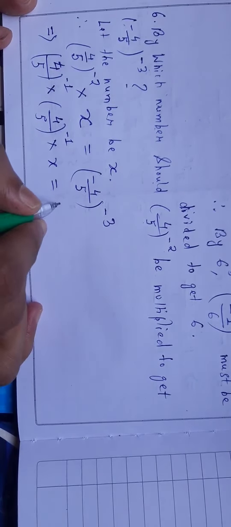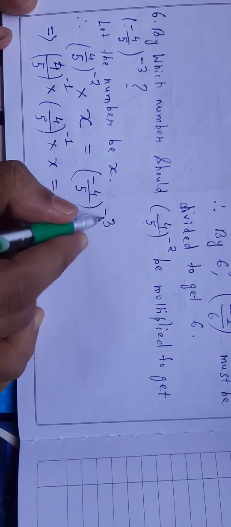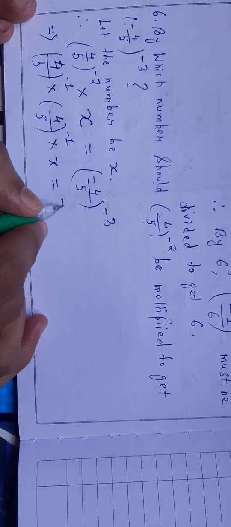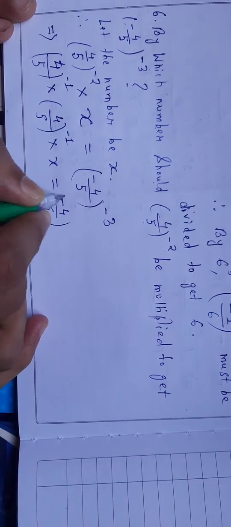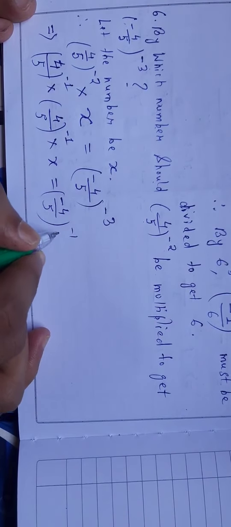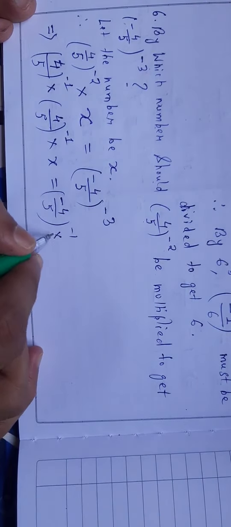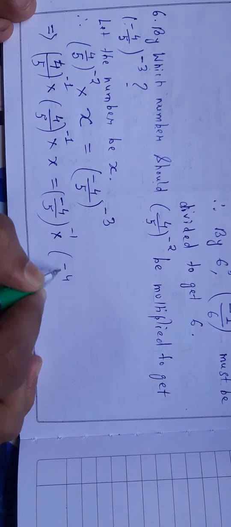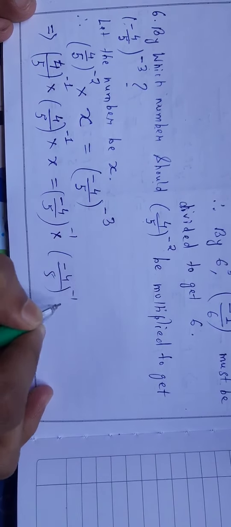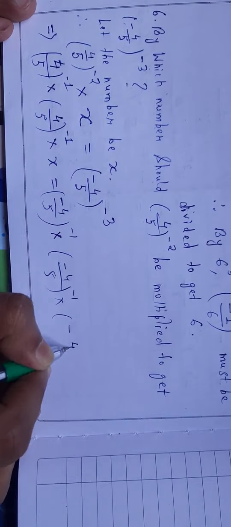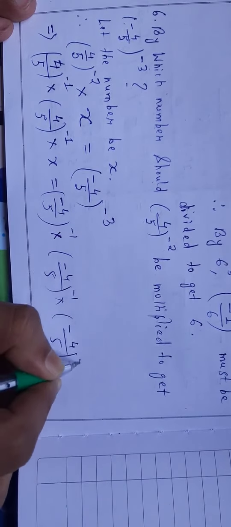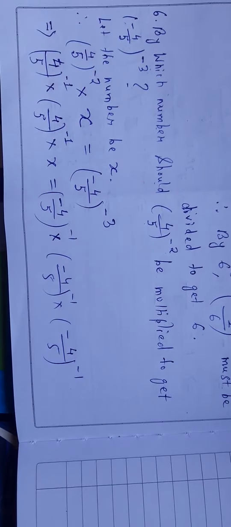Now this (-4/5) they have written 3 times, so I can write it as (-4/5)^-1 into (-4/5)^-1 into (-4/5)^-1.